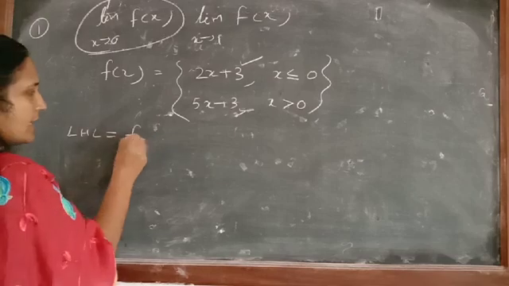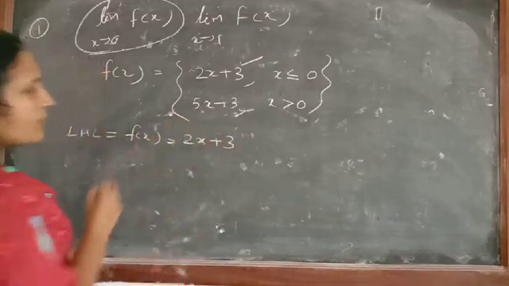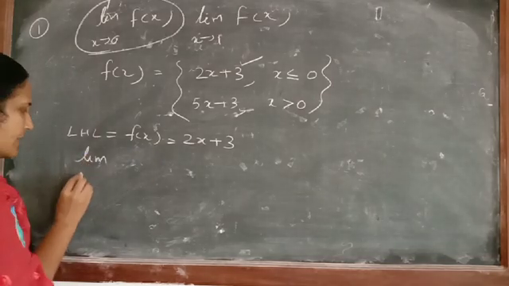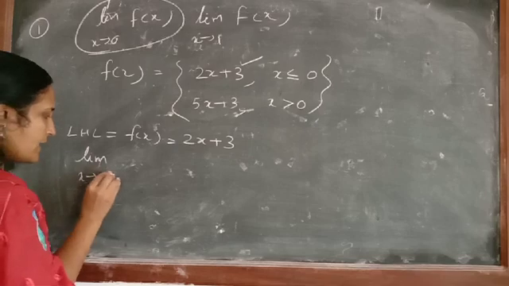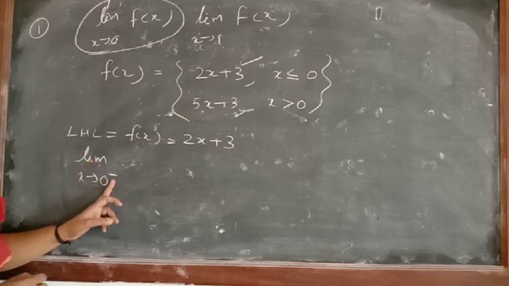So when calculating the left hand limit, we take f of x as 2x plus 3. Write limit x tends to 0 minus. This minus sign indicates we are taking values slightly less than 0.